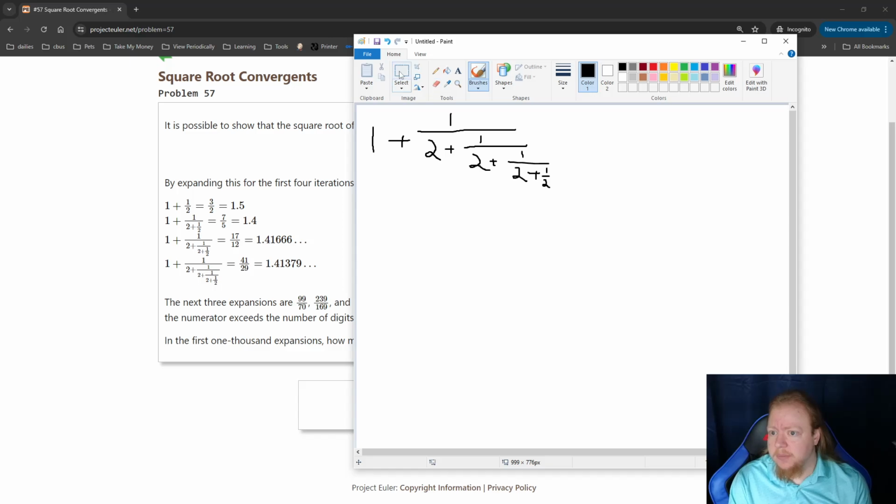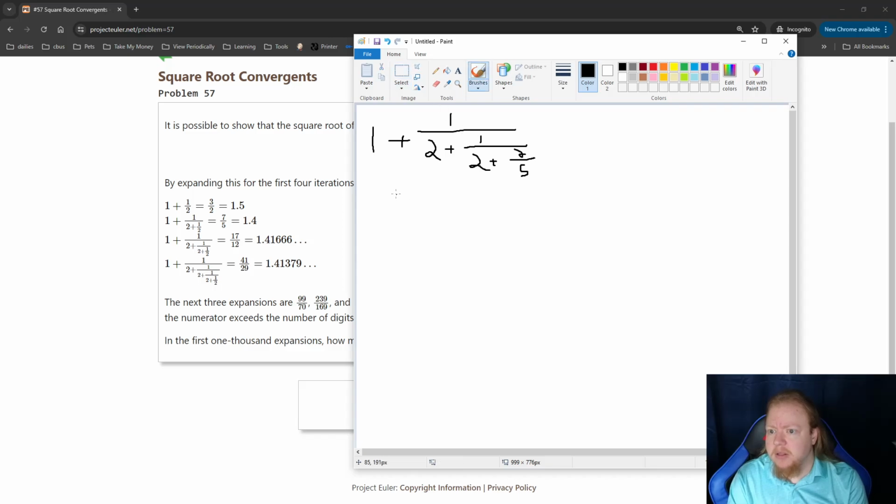So this becomes 5 over 2. And then 1 over any fraction is just that fraction upside down, so it becomes 2 fifths. And then 2 plus 2 fifths is going to be 2 times 5, which is 10, plus 2, which is 12. And then 1 over that is going to be the reverse, so 5 twelfths.